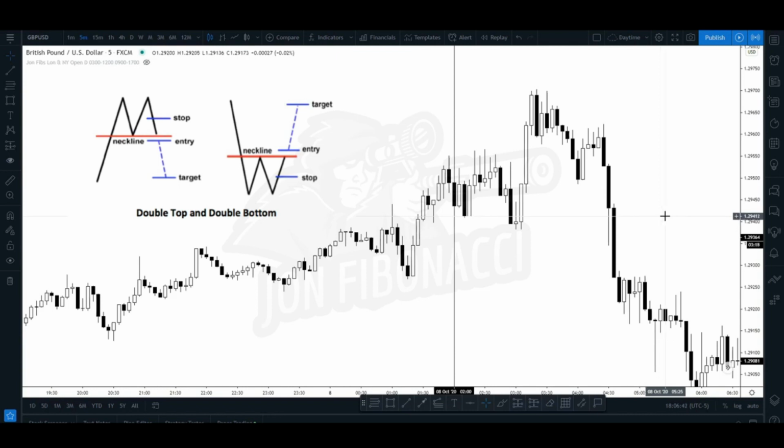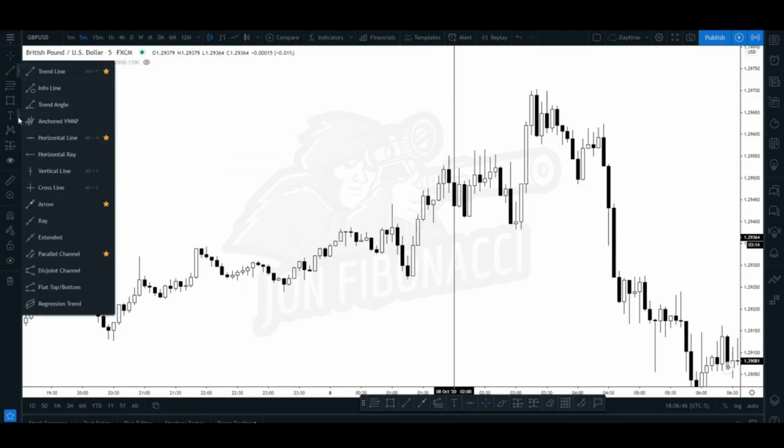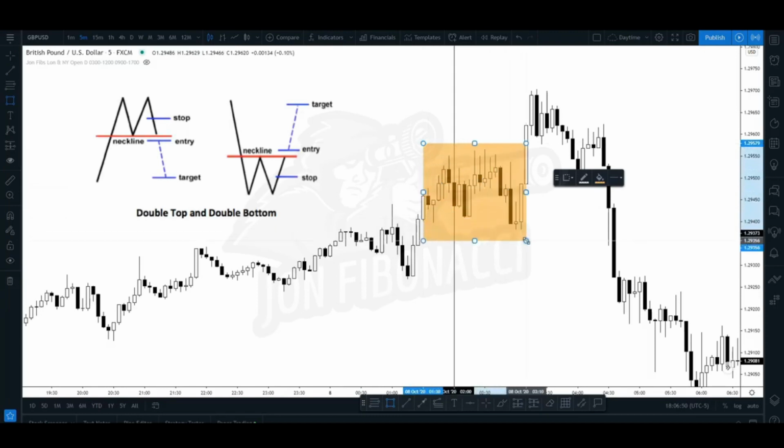I'm not going to get too deep into the specifics, but pretty much in this scenario, when we're looking at what I just showed you, okay, this in a way is a double top, right? And why would I say that?